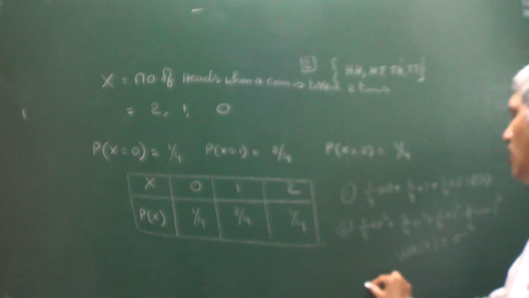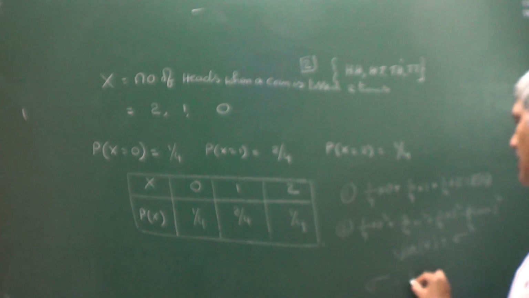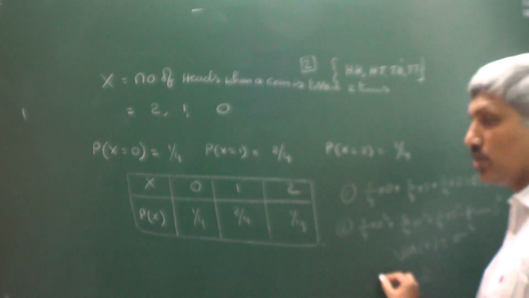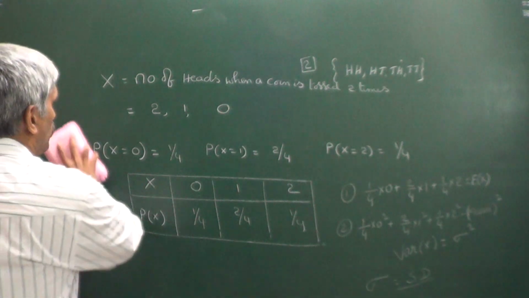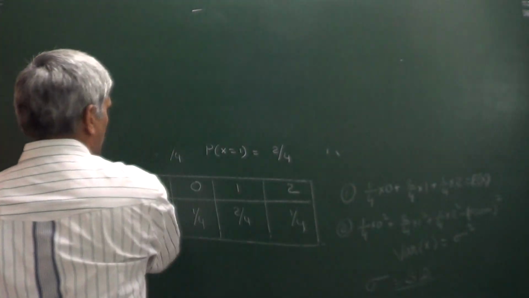The square root of variance is called the standard deviation. These are the ideas we are going to discuss in random variables and probability distributions.